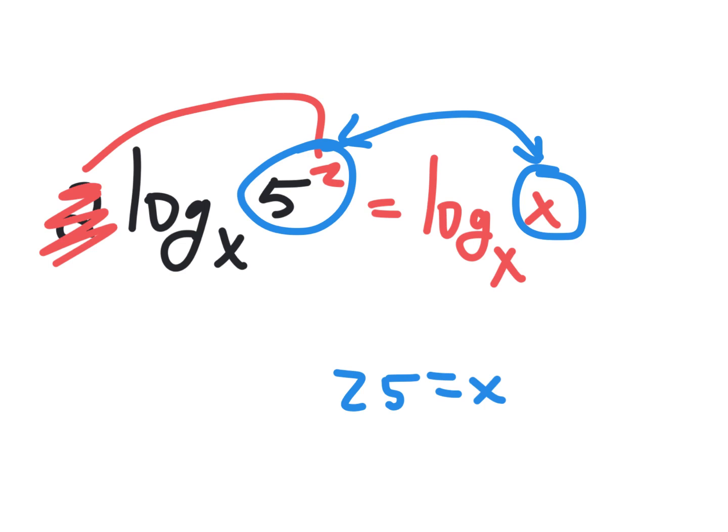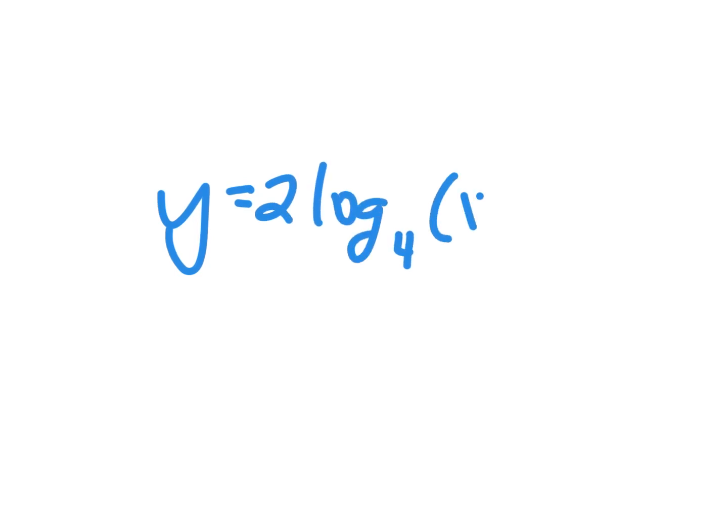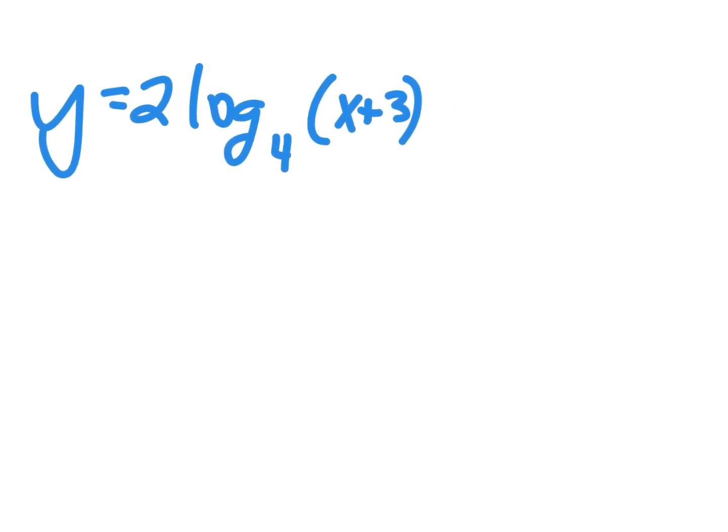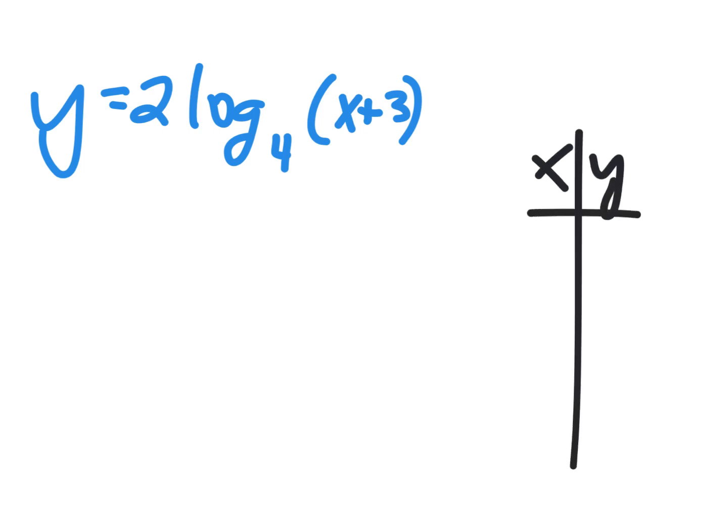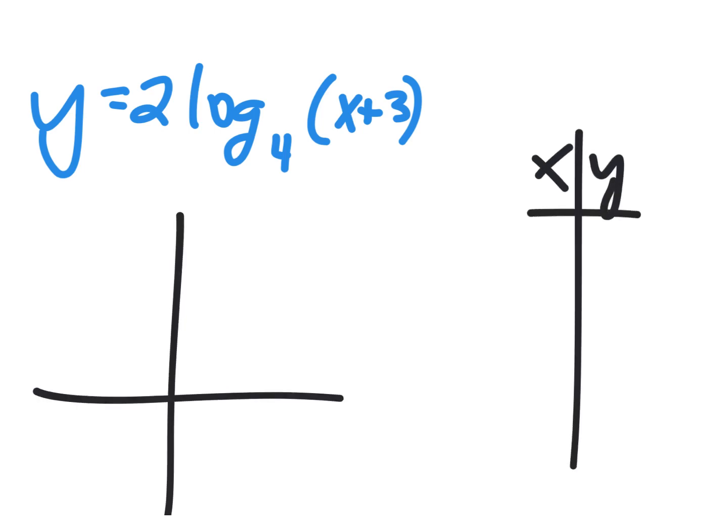Okay, one last thing is graphing. If you have to graph y equals 2 log base 4 of x plus 3, are you going to be able to handle it? I personally just make an XY chart right away, and I try to find the asymptote, because I know it generally for logs, they look like this, but it's almost impossible to go, I'm going to move it, I'm going to stretch it.